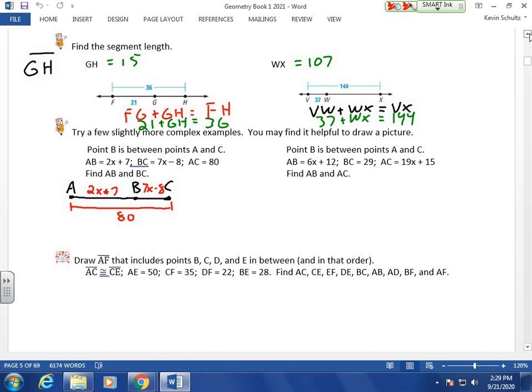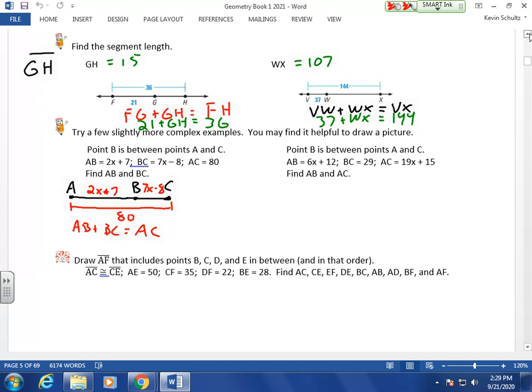So now that we have this picture, now we're kind of back up to what we did here, right? Based on the segment addition postulate, we know that AB plus BC equals AC, right? The two parts of that segment, AB plus BC equals AC.